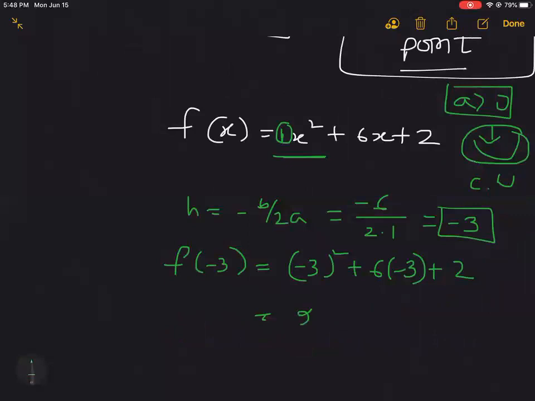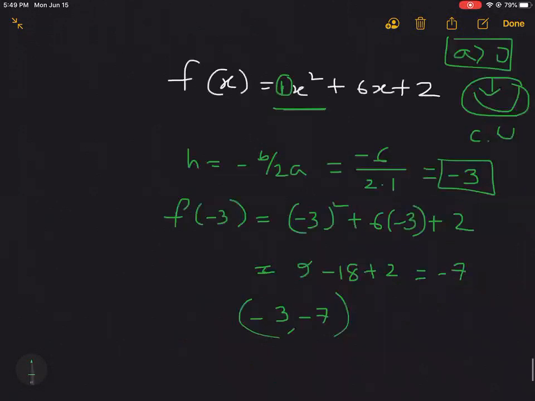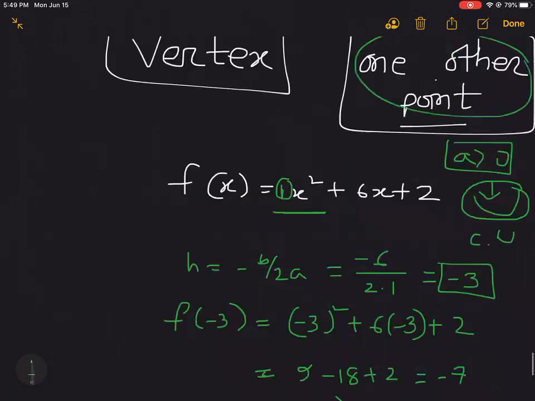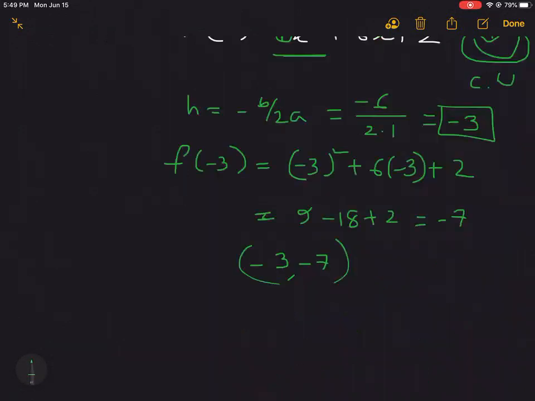So 9 minus 18 plus 2, negative 7. So our vertex clearly is negative 3, negative 7. All we need is one other point, and then we can graph it. So the best way, I think, is to find the y-intercept. Okay, we can plug in x equals 0.